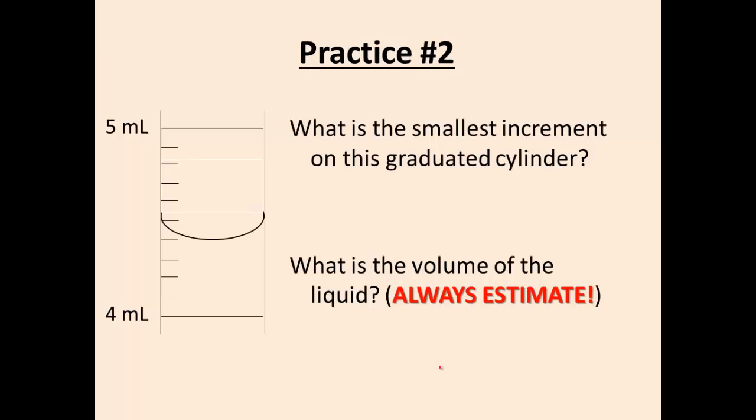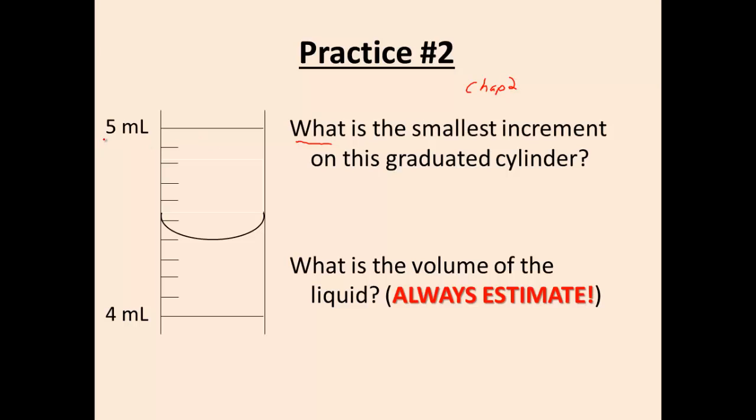So an example of a measurement: let's say this is a graduated cylinder and we're making a measurement on it. Our first question is, what is the smallest increment on the graduated cylinder? This is all the way back from chapter 2 when we were making measurements.